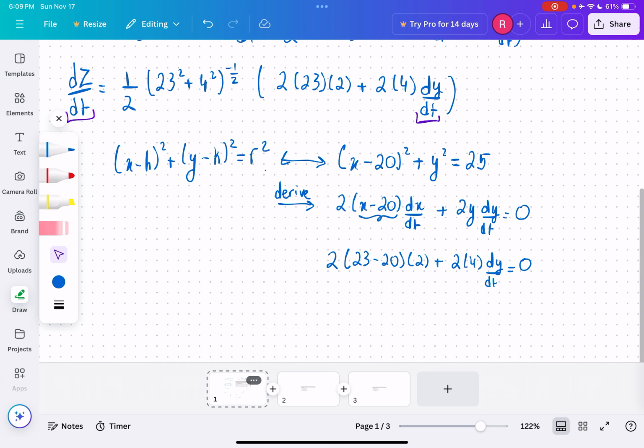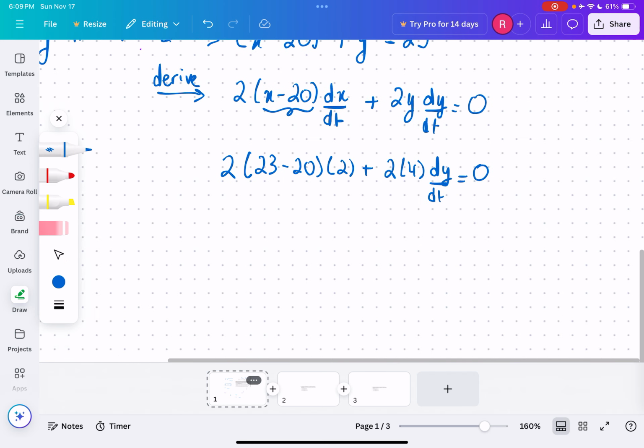So 23 minus 20 is equal to 3, and 3 multiplied by 2 is 6, multiplied by 2 is going to be 12, so 12 plus 8 dy over dt is equal to 0, which gives us dy over dt equals negative 12 over 8.